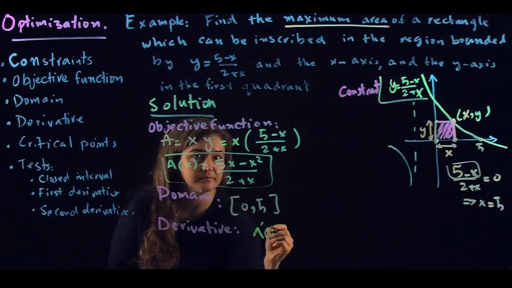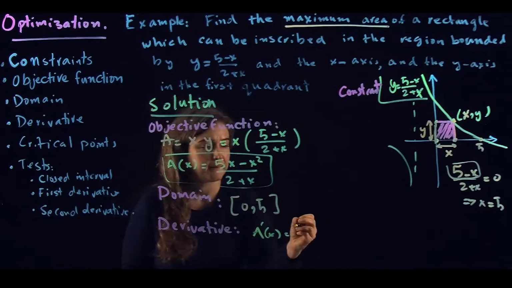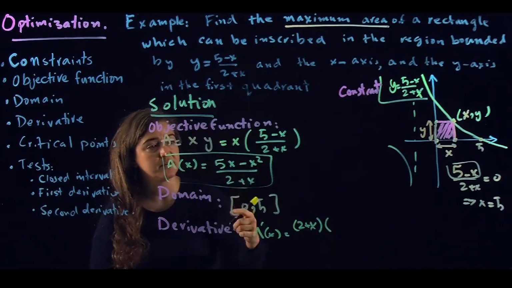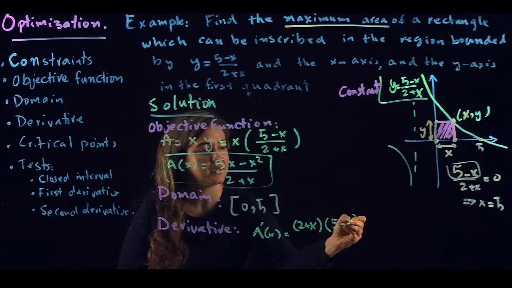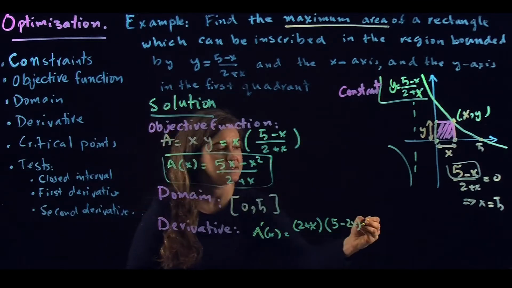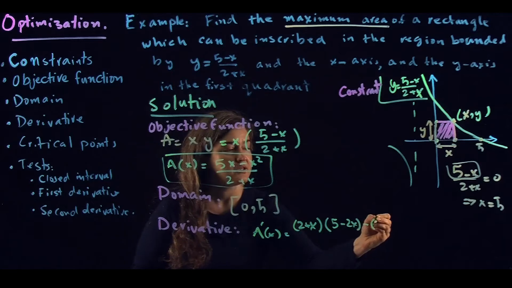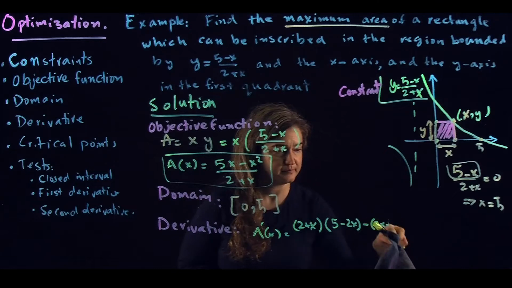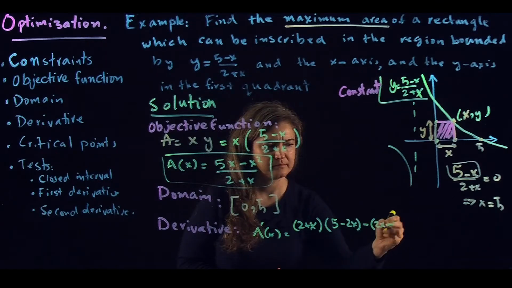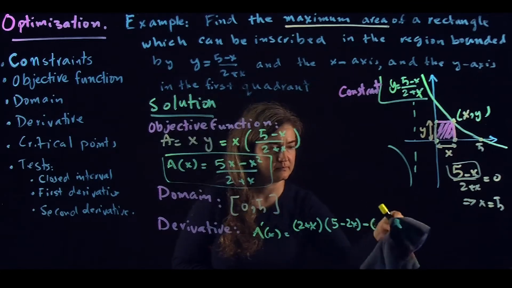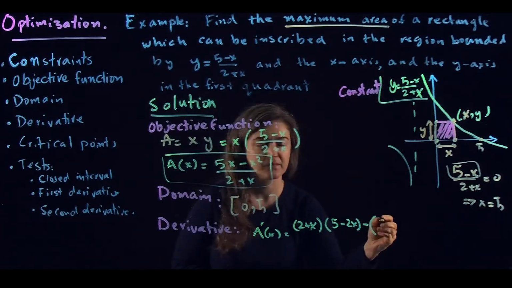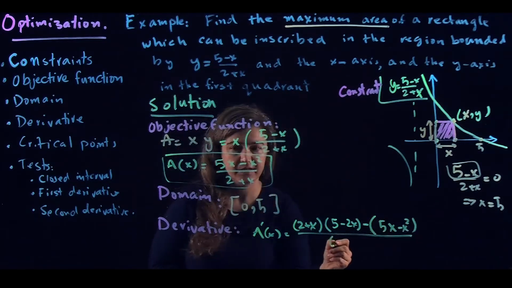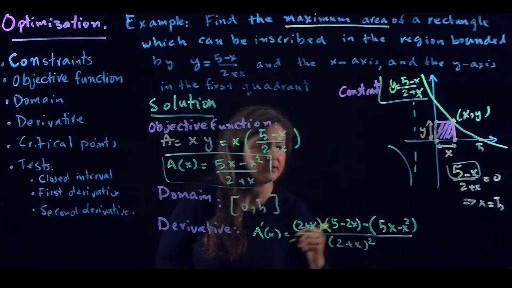A prime is equal to, by the quotient rule, (2 plus x) times the derivative of the numerator, which is 5 minus 2x, minus the numerator times the derivative of the denominator, which is 1, divided by the denominator to power 2.